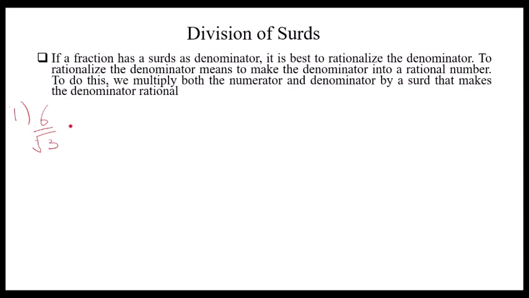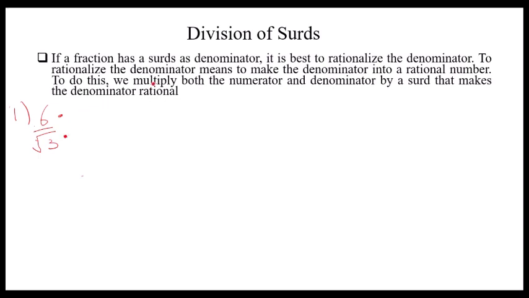So division of surds. If a fraction has a surd as a denominator, like this one, this has a surd as a denominator. This is a numerator, this is a denominator. Right?